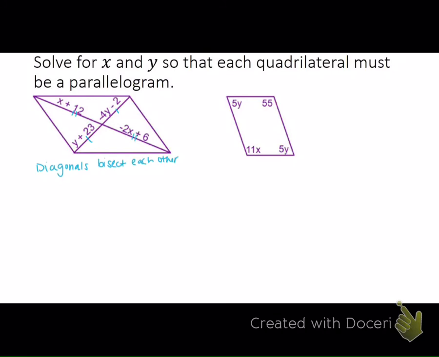So that means that x plus 12 equals negative 2x plus 6, and y plus 23 equals negative 4y minus 2.